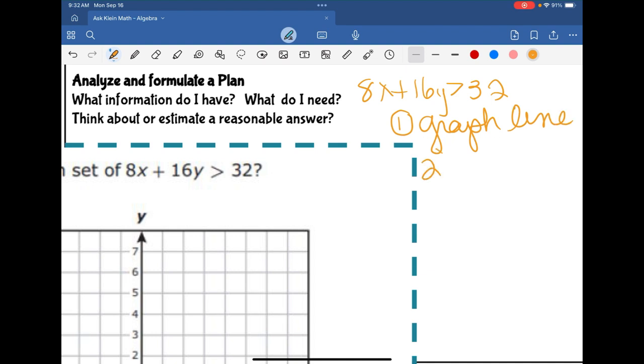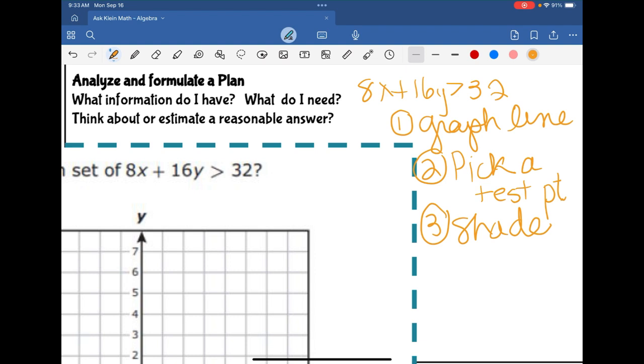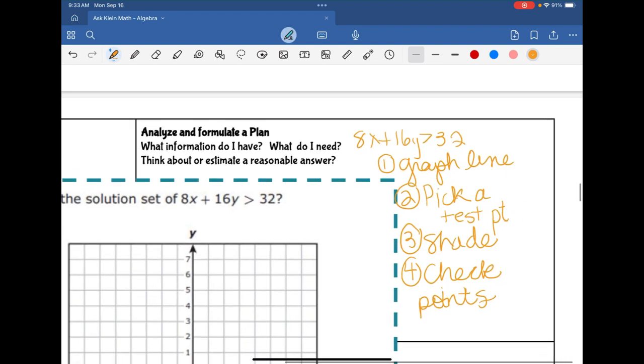Then I'm going to pick a point to test on one side of the line, and then shade based on the true or false that I get from my test point. Then I'm going to need to check the points in the list to see which are in the shaded region. All right, so let's get busy.